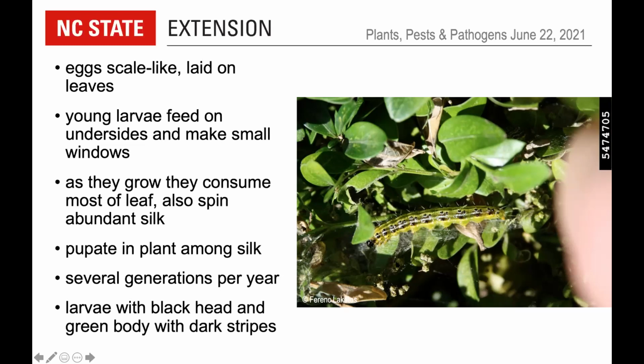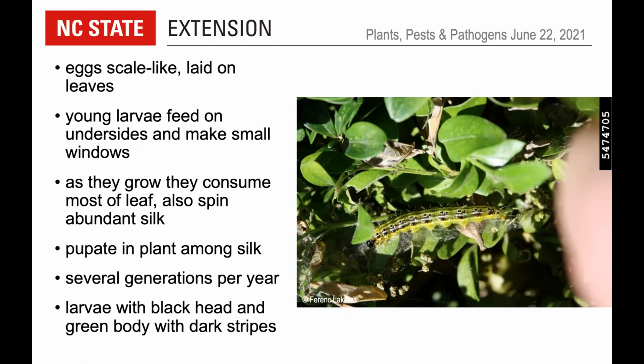The larvae are really distinct. They have a really shiny black head, a very green body with long dark stripes and alternating stripes along it. Really, there are no caterpillars that you'll find in boxwood around here. So if you see caterpillars eating boxwood, definitely take photos, definitely send us some photos or specimens, because that would be very worrisome.